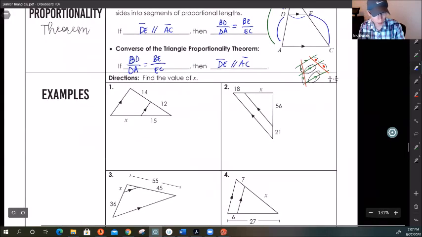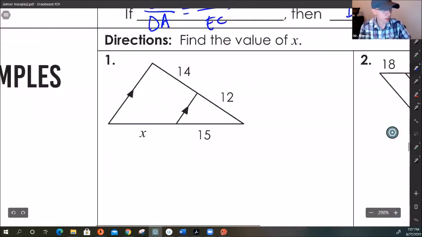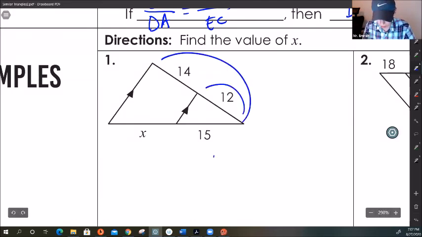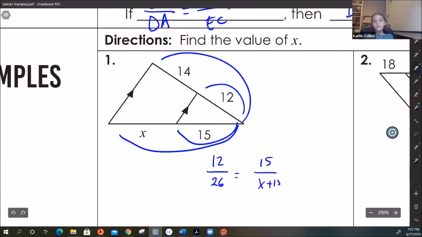All right, how does that help me? Before, if I wanted to solve this question by using similar triangles, I needed to write 12 to 26, right? 12 over 26 is equal to 15 to the side length of the larger one that corresponds to that, 15 to x plus 15.